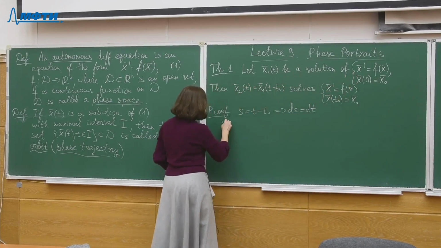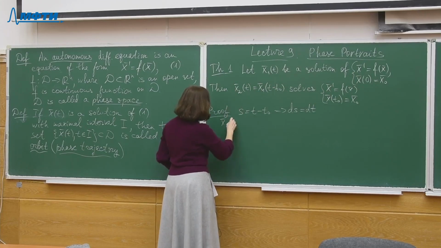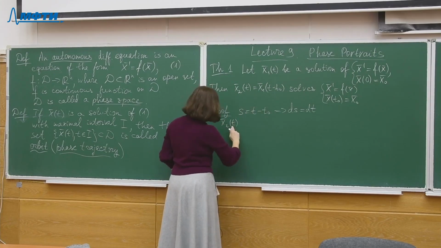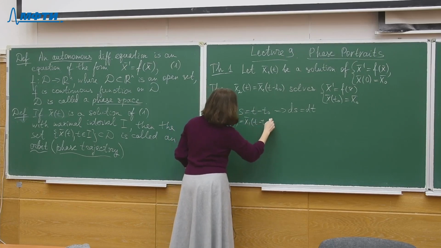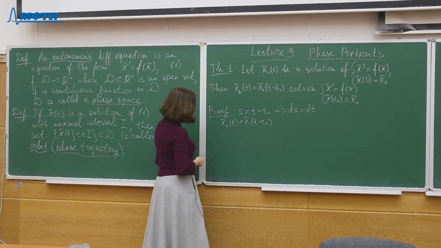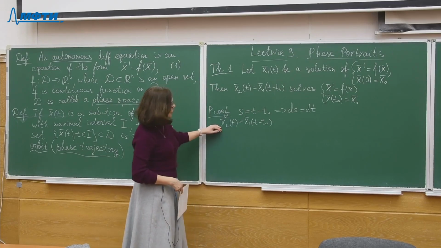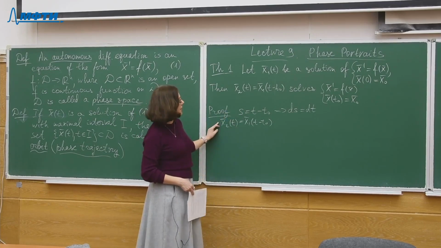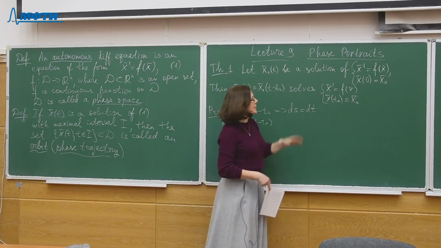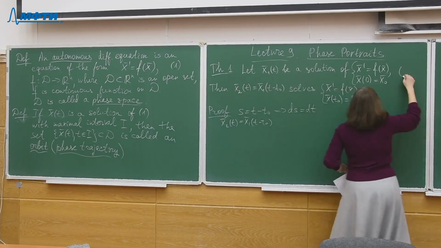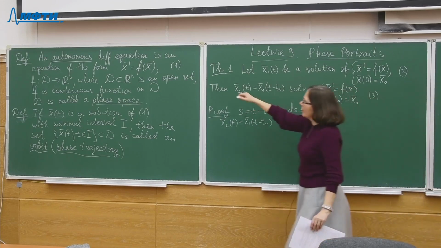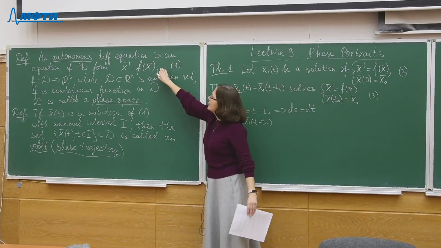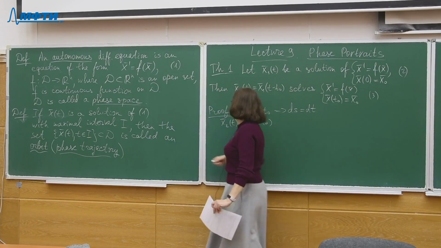Then let's consider the function x2 given by this formula, x1 of t minus t0. And I want to show that this function satisfies equation number 2. So let it be equation number 2, and this is 3, because number 1 belongs to the first equation, the initial equation, right?